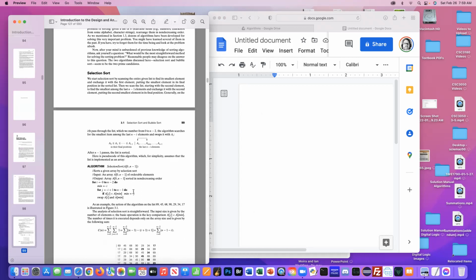We're starting with selection sort. With it, we basically go through the entire list of elements and find the smallest one. Then we move that to the first position, swap it out. And that's it.